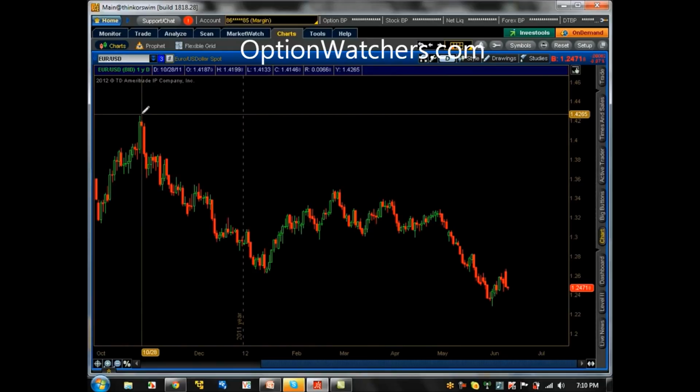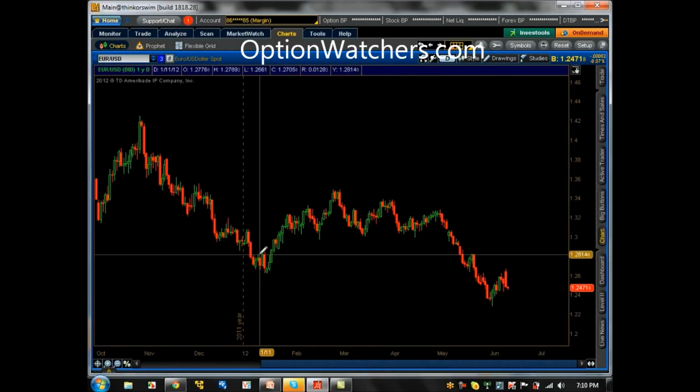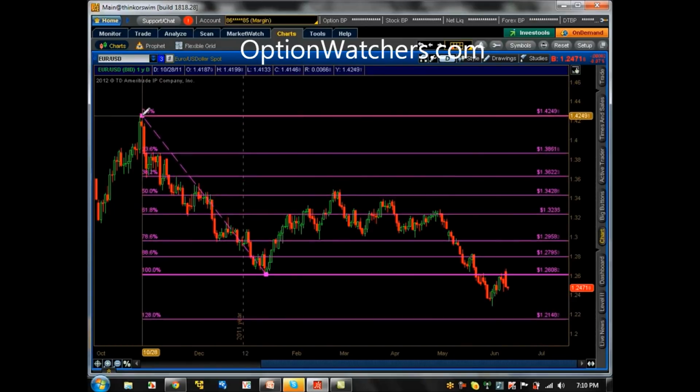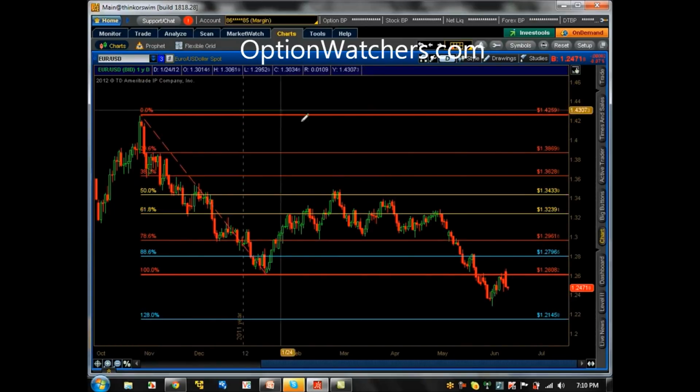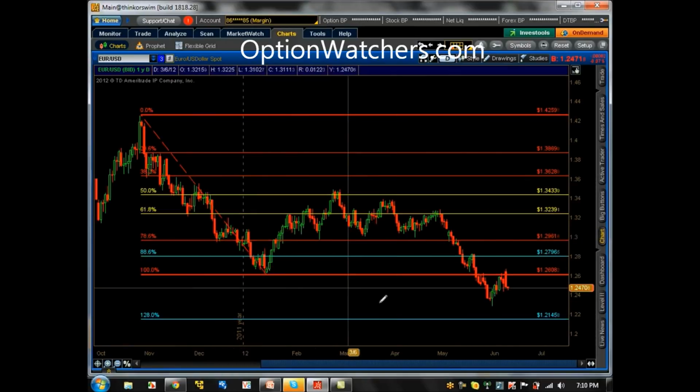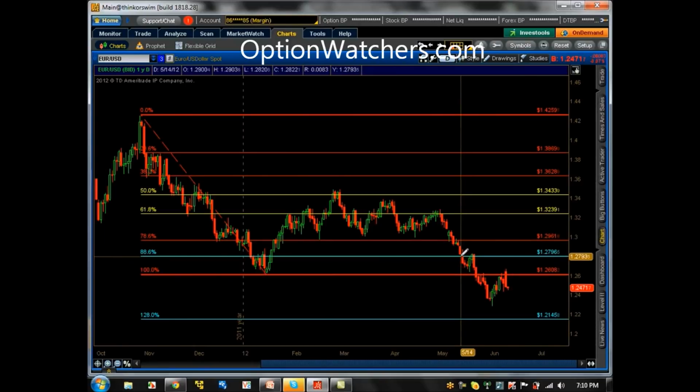Remember how we drew the retracement, clicking here to here? You just click in reverse. You click here at the bottom first, and then click to the beginning of the trend, and it automatically draws your extensions. The key ones to know are 88.6, which is right here, 100%, and then the 128. Agreed? Those are your three possible profit levels to get out at.